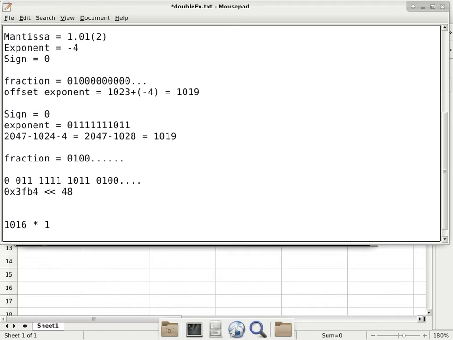So let's go ahead and do this. So this becomes 1, 1, 1, 1, 1, 1, 0, 0, 0, with an implicit point here, times 2 to the power of 0, because that's 1. What do we do next? We want to shift the point to the left until it becomes 1.11111.